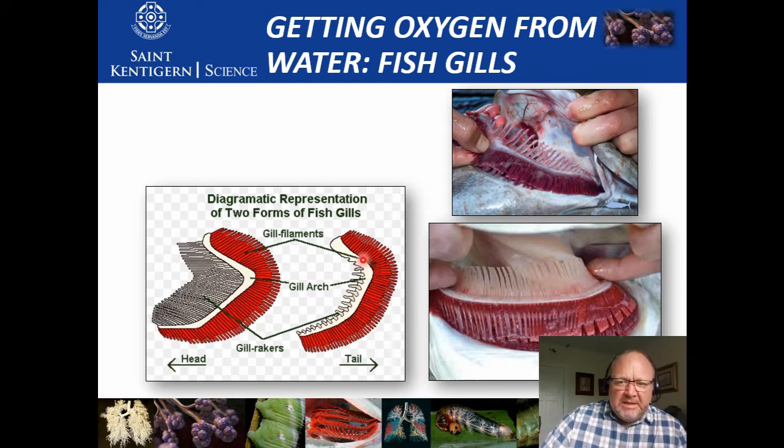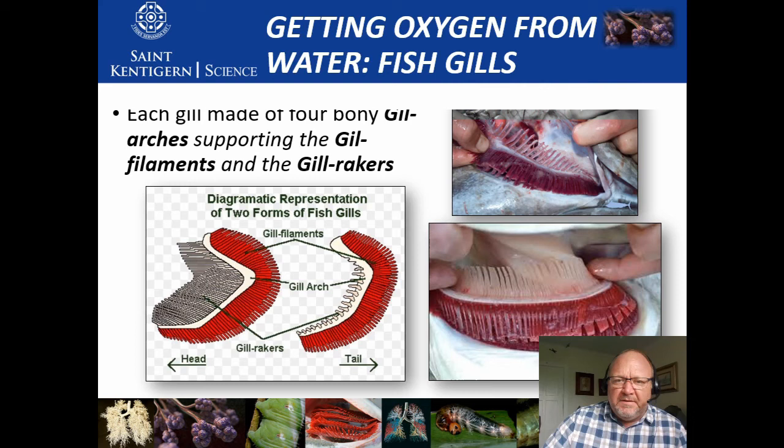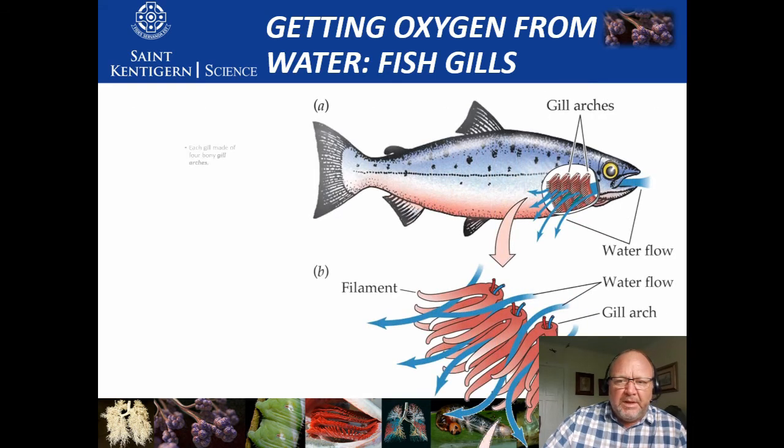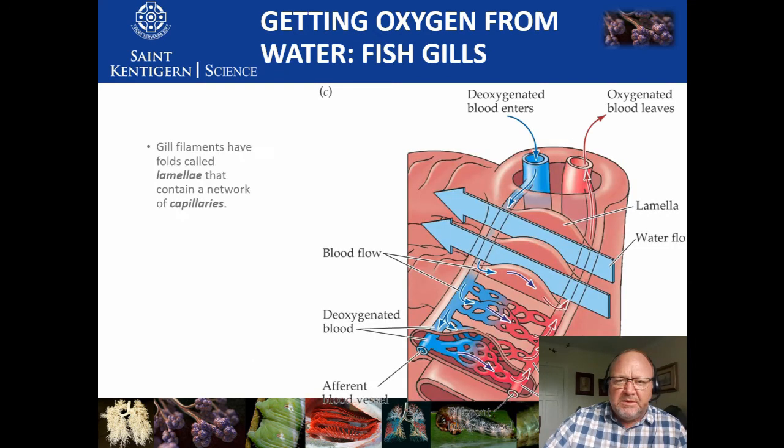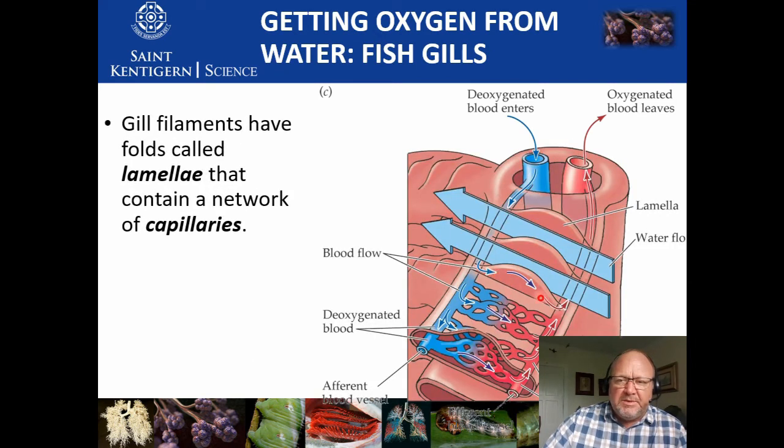And on this side we have the filaments, and the filaments are the large projections, or thicker hairs if you want to call it that, but we don't call them hairs, we call them filaments. That helps to increase the surface area, but to increase it even more, on top of each little filament we actually have lamellae. That is what this diagram tries to show, these projections of a filament. That's a single filament.